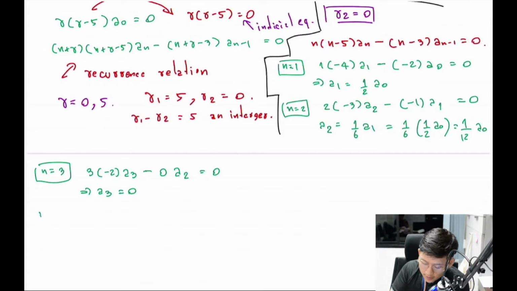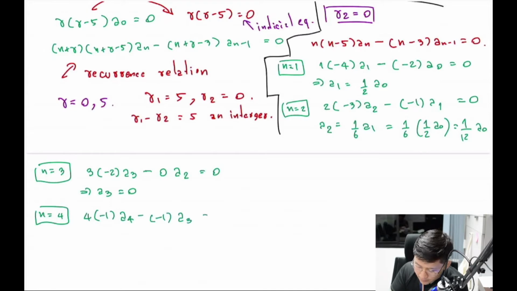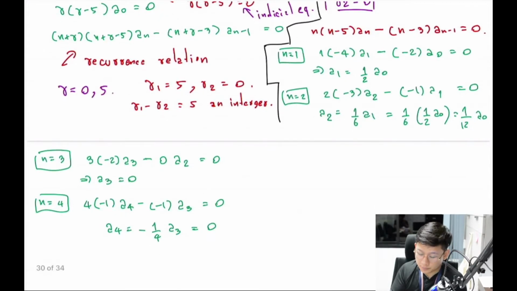Okay, and if n is 4, we would have 4 times minus 1, a4 minus minus 1 a3 equals 0. So we have that a4 is actually 1/4 a3, but a3 is 0, so a4 is 0 as well.